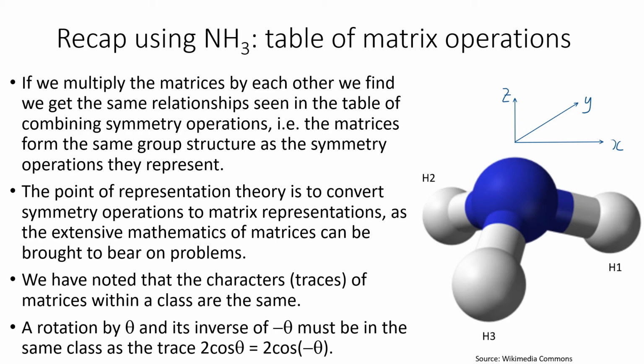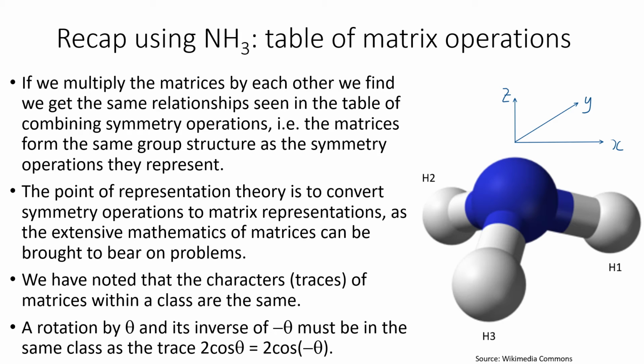And of course the identity, that's like a proper rotation of order 1. So in a sense we can consider all of our symmetry elements to be some kind of proper or improper rotation. And it follows that any rotation by theta would have an inverse of being the rotation by minus theta.